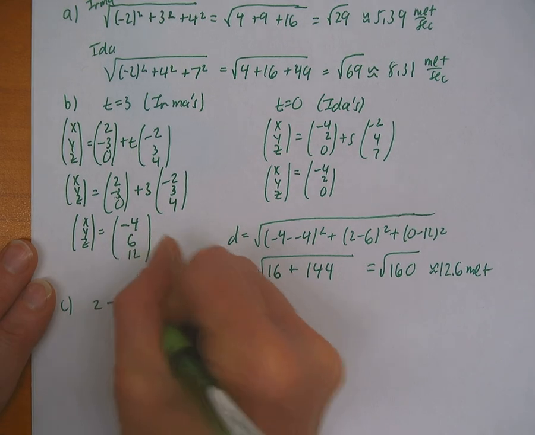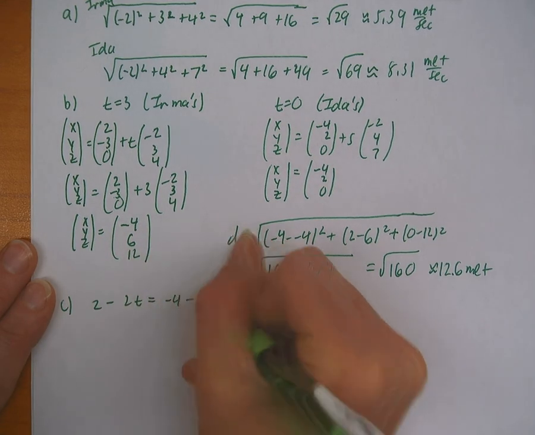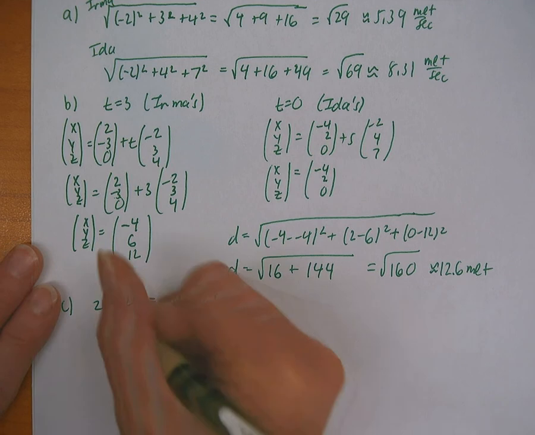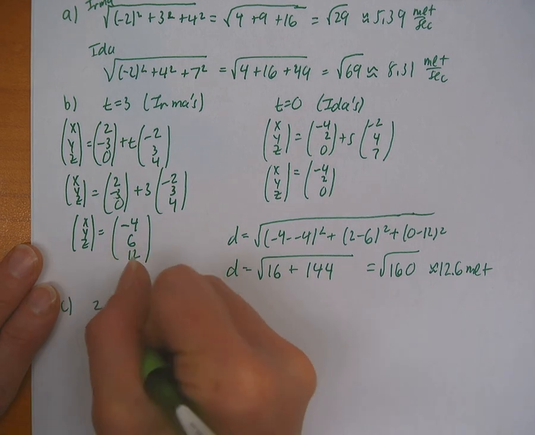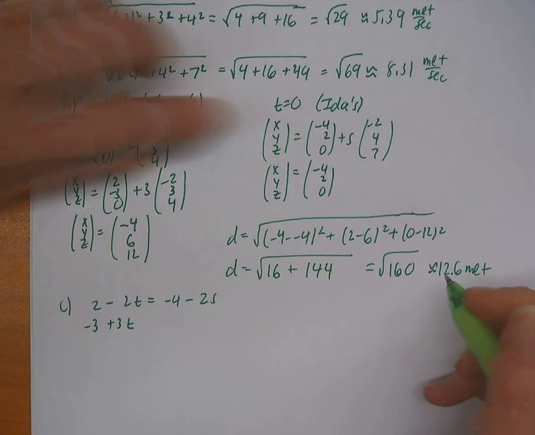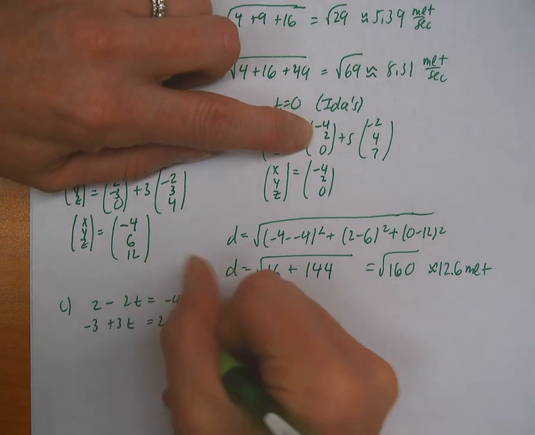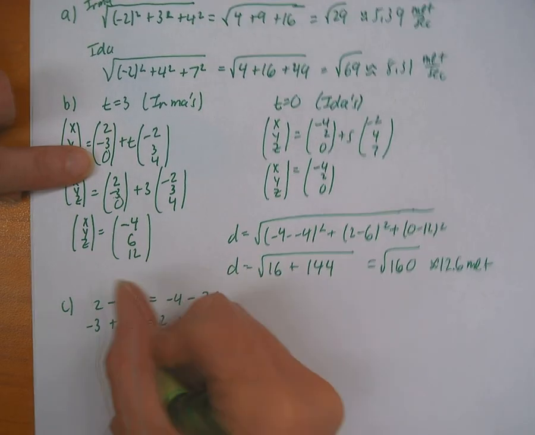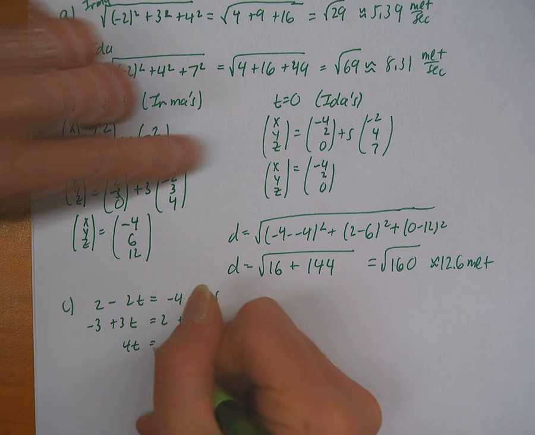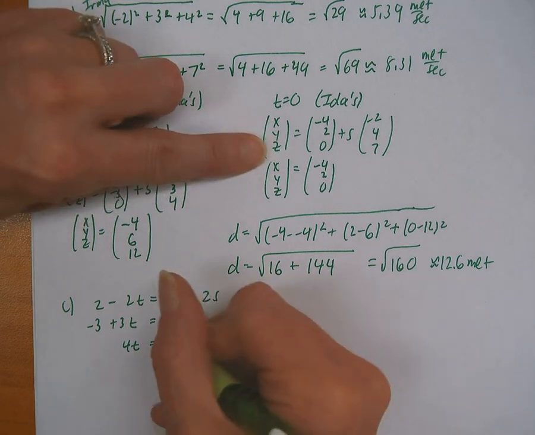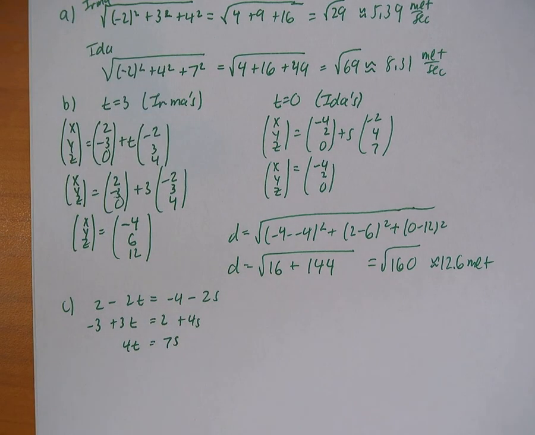So I'll have 2 minus 2t equals -2 minus 4s. -3 plus 3t equals 2 plus 4s. And then 4t equals 7s. So I can cancel out one of my parameters here.